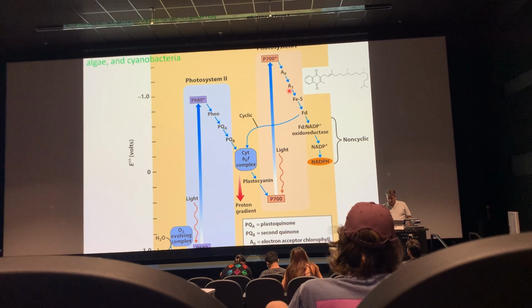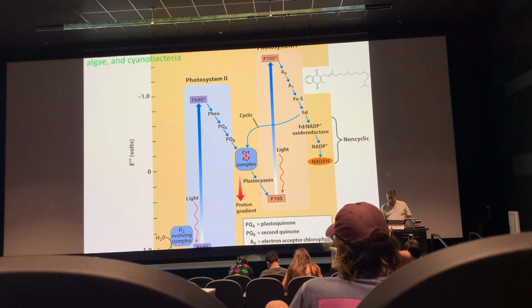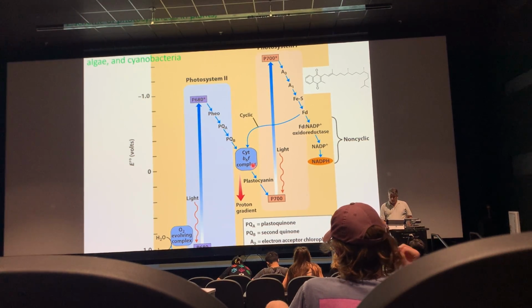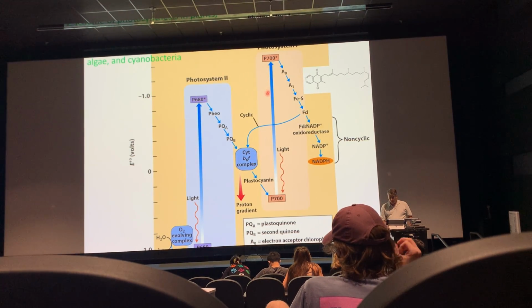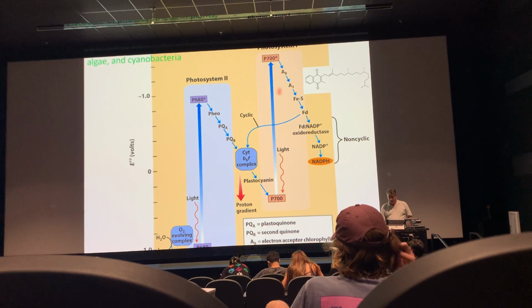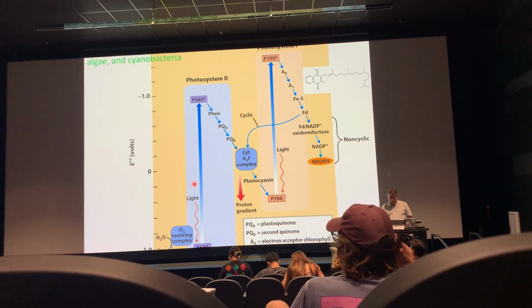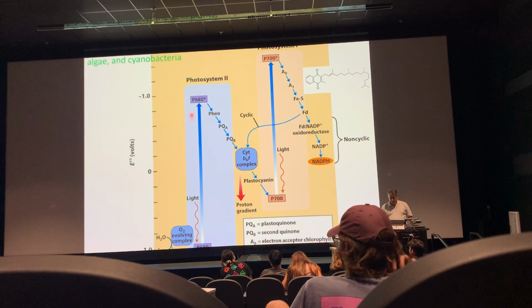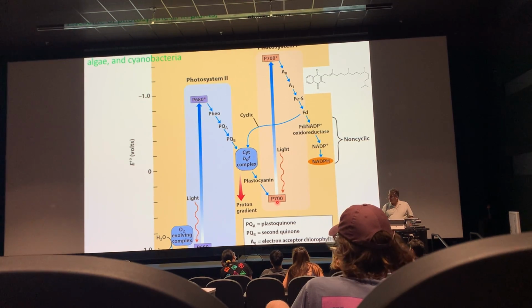It can come back down this way to form protons, to form ATP, or it can go this way to form NADPH. This looks a lot like those green sulfur bacteria. This guy over here, instead of coming all the way back down, he's feeding into the other system.